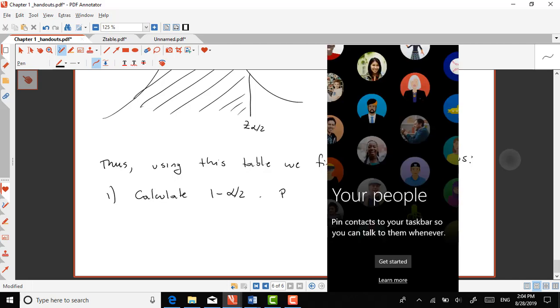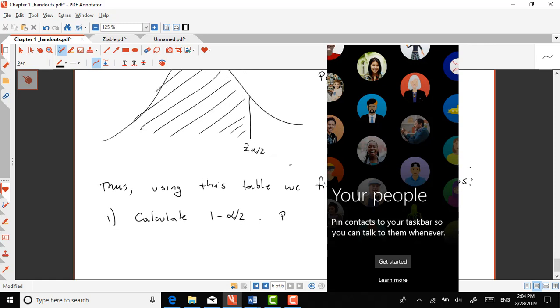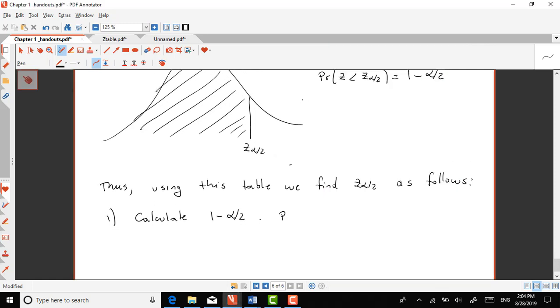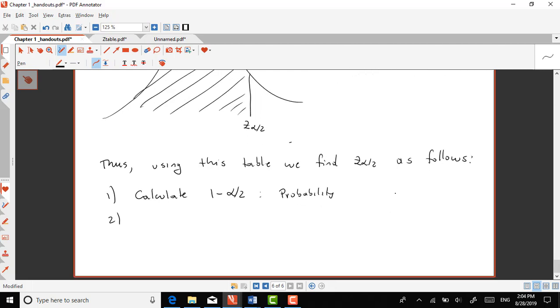Okay, so this is a probability. In the second step, we look for the z value in the table that corresponds to 1 minus alpha over 2.